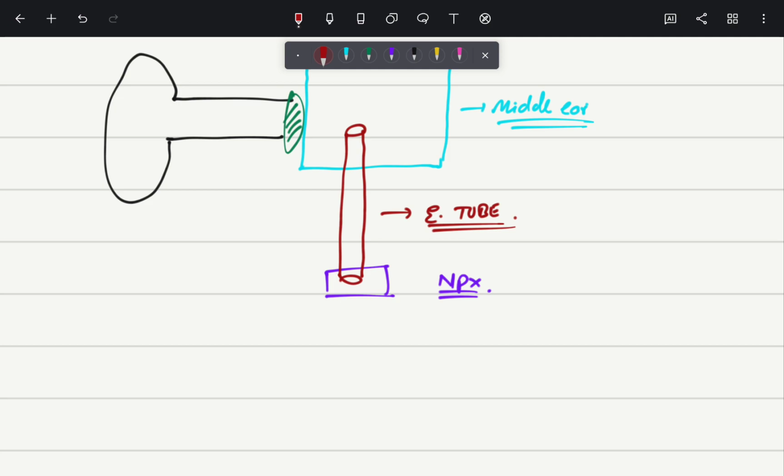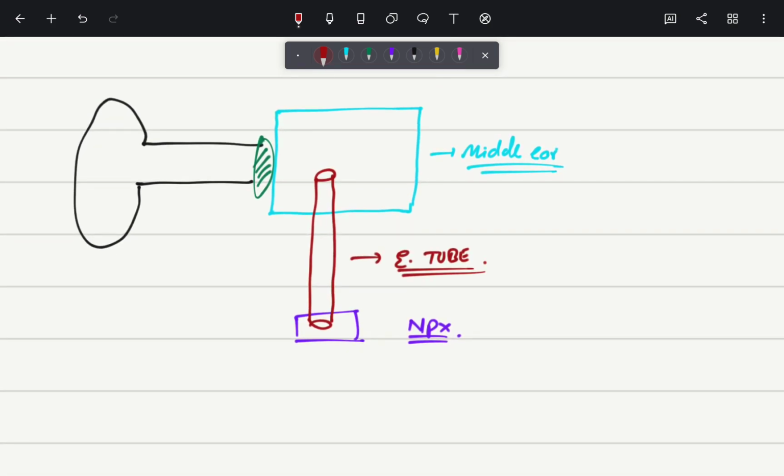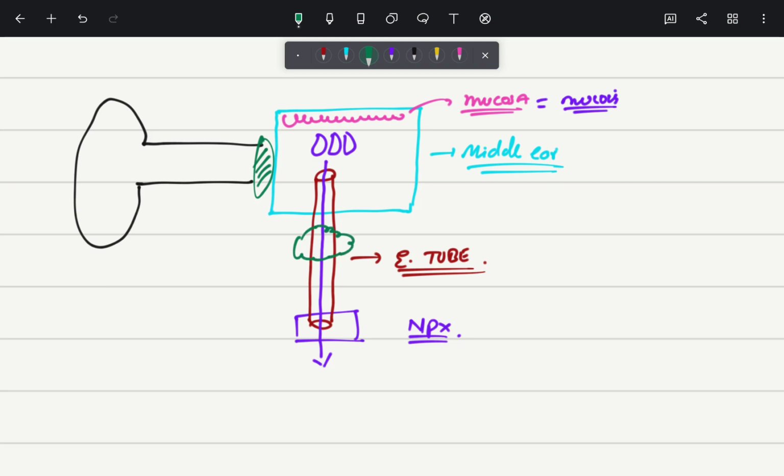Now what is the function of this eustachian tube? Normally the middle ear has a layer called the mucosa layer, and this mucosa layer produces a lot of mucus. This mucus gets into the eustachian tube, and from the eustachian tube it will drain into the nasopharynx. Now imagine a condition where this eustachian tube is blocked.